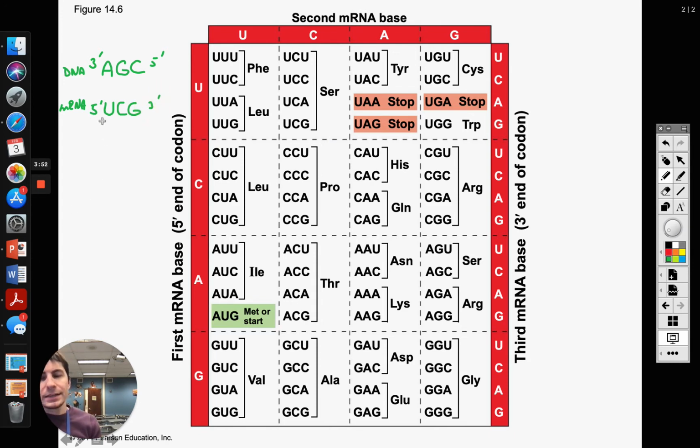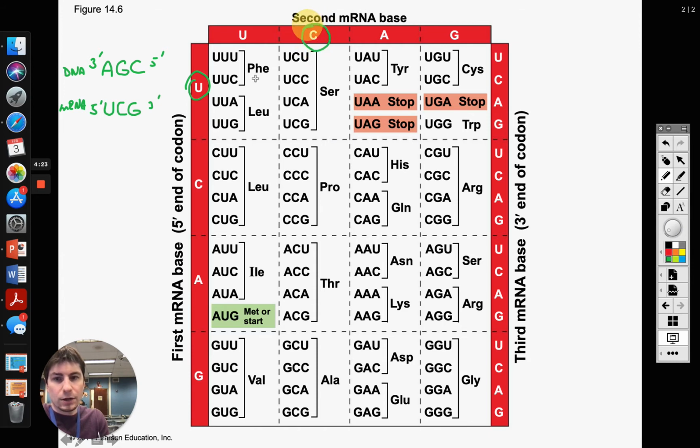So we're going to read this 5' to 3', always, always, always. I'll give you some variations in this just so we can get comfortable with always going 5' to 3'. So here's how we use this chart. UGC. Our first letter is U, so on the left side of our chart we're going to go to the U. The second base is C, and C is going to be up top.